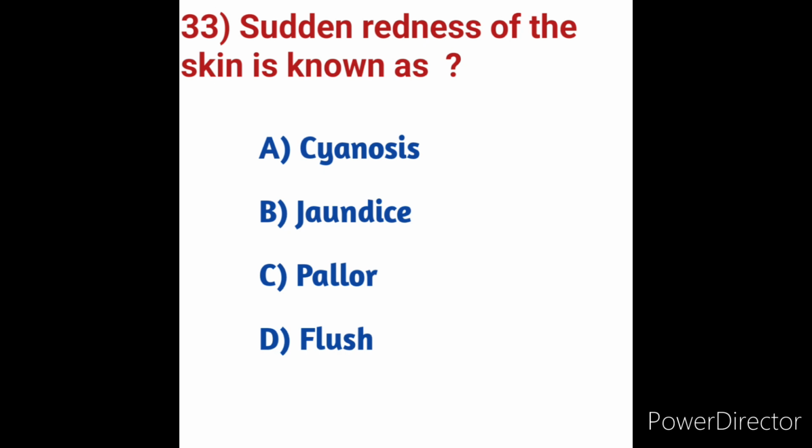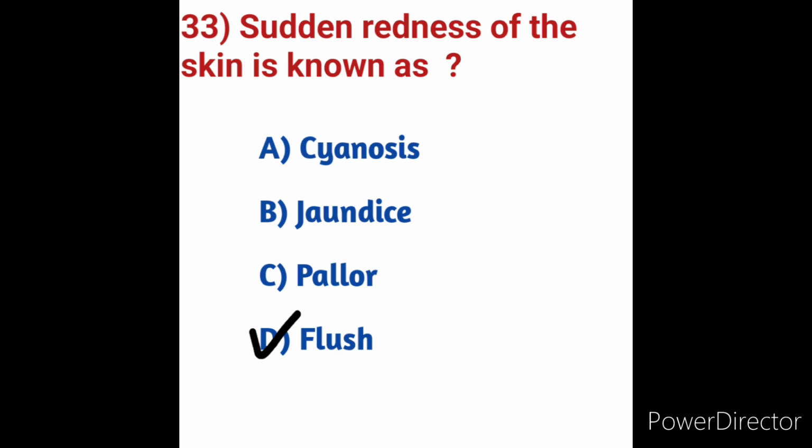Skin redness has many different causes, including burns, allergic reactions, infections and some health conditions such as dermatitis and darker complexions. These conditions may cause the skin to become darker. So here the sudden redness of the skin is known as flush or flushing. Here in this option, option D is the correct answer.